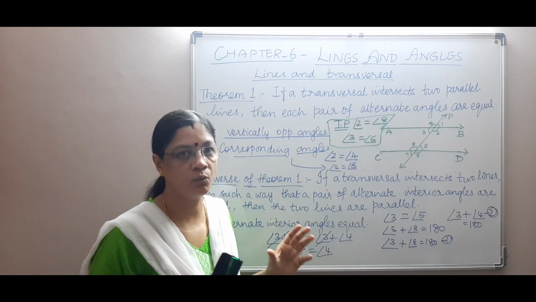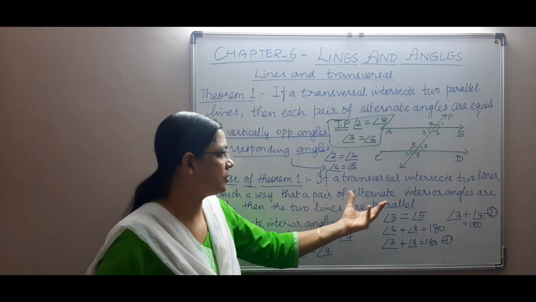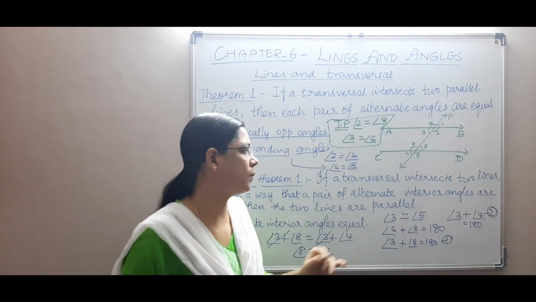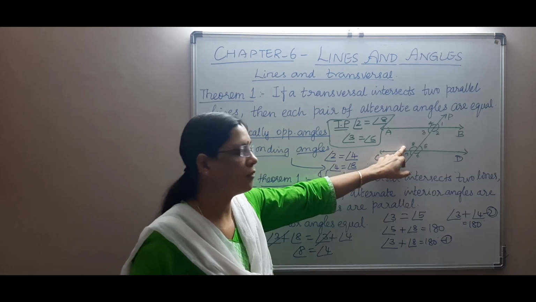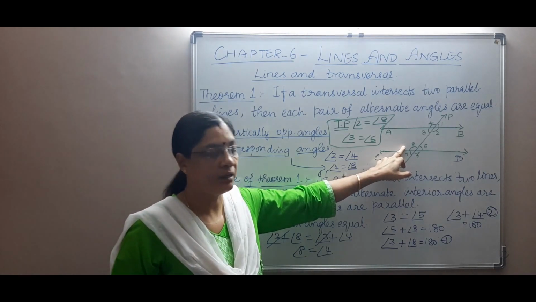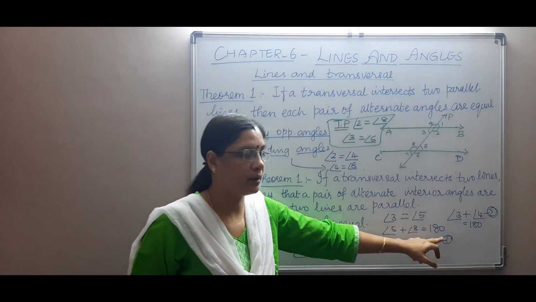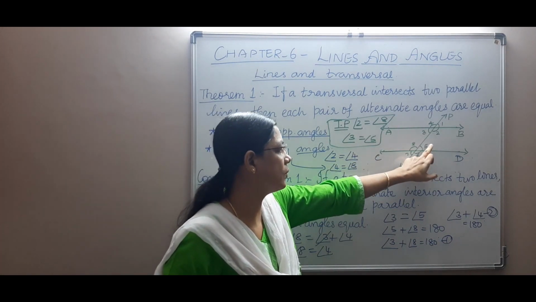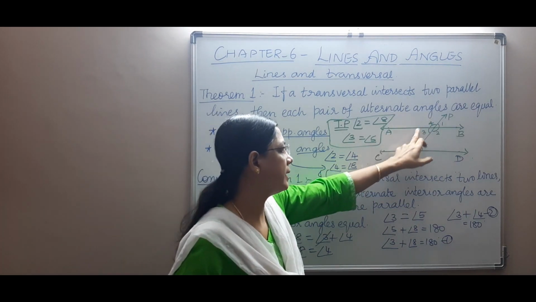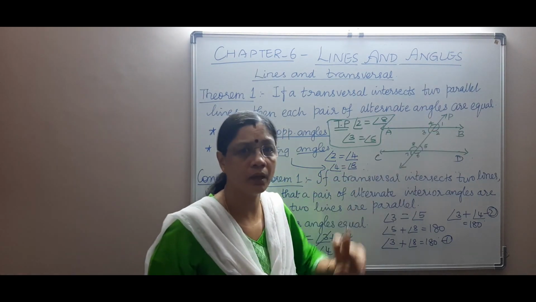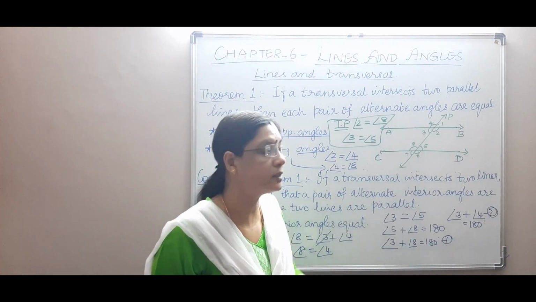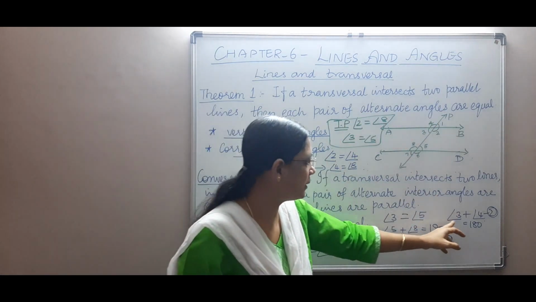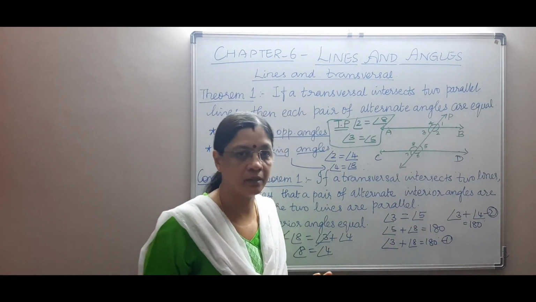Okay, so first what I did, I took the condition angle 3 is equal to angle 5, alternate interior angles to be equal. Then with 5, I have 5 and 8 to be a linear pair, so they add up to 180 degrees, isn't it? And then for this 3, since 3 is equal to 5, 3 and 4 are a linear pair. So I write 3 plus 4 is equal to 180 degrees.